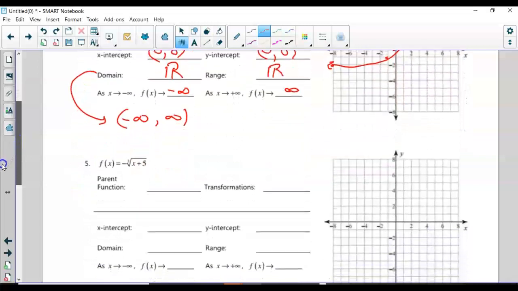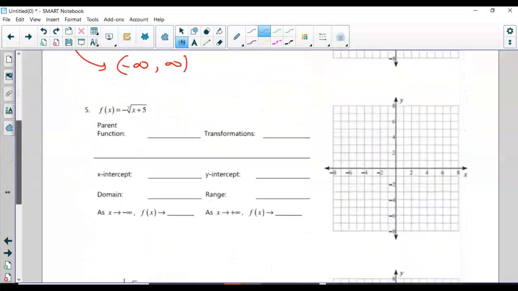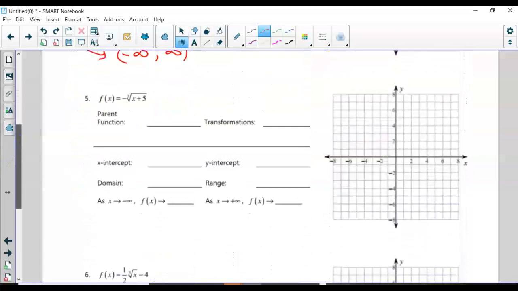All right. So now we got a couple things going on here on this one, right? So parent function, still a cube root. Transformations. In this case, we have A, which is -1. That's a flip. And we have H. It's going to be -5, not 5, because it's going to move left.